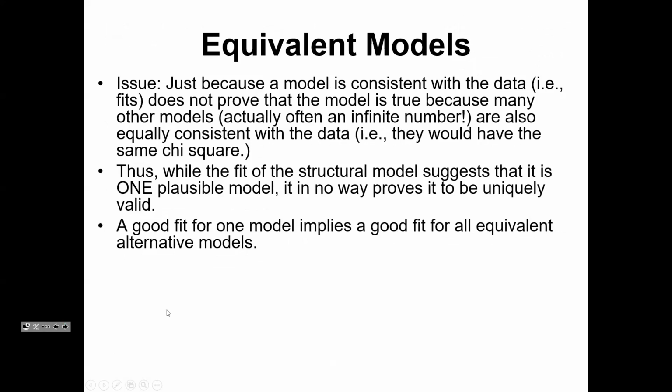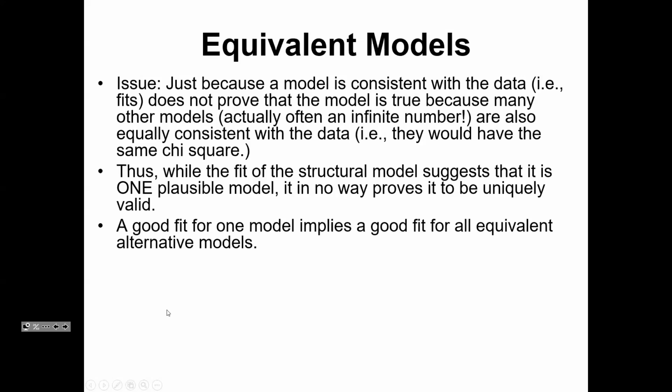Just because a model is consistent with your data, obviously, doesn't prove that that model is better than any other model. It might be better than all the other models you tested, but there could be hundreds of equivalent models lurking out there that you didn't test, because obviously you can't test the fit of two equivalent models because they have the same chi-square. So there's no way to actually say this equivalent model is better than this equivalent model, right?